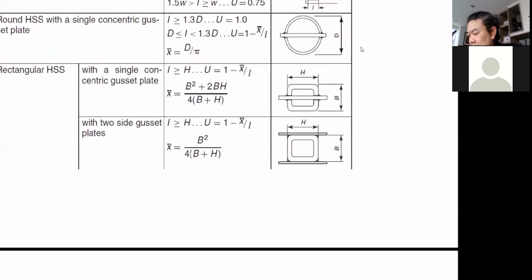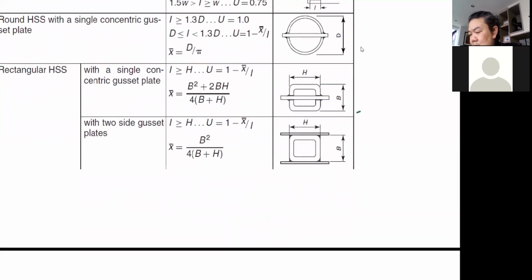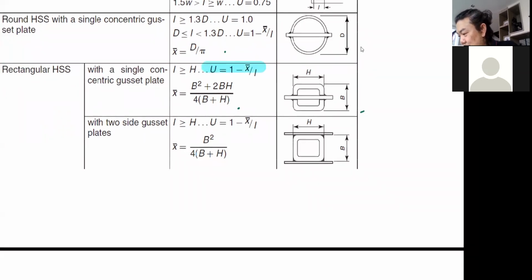If this is how you want to connect your rectangular or square section, again, they have the formula that you can use to calculate the X bar. These two, calculate the X bar, and then use it in our typical shear lag formula here. This one as well. Calculate the X bar, and so on, and this as well.